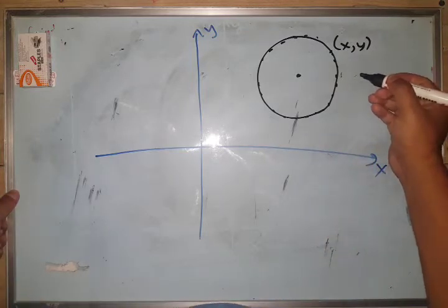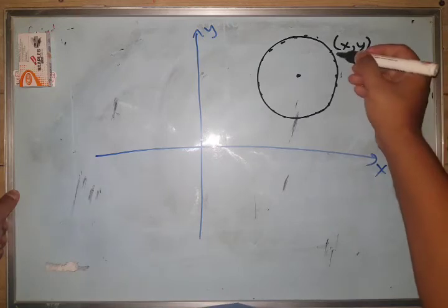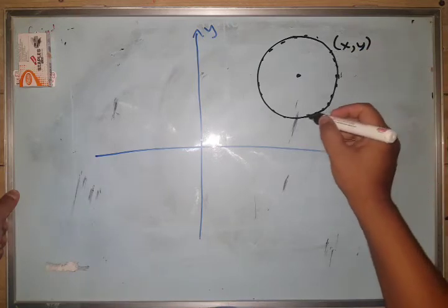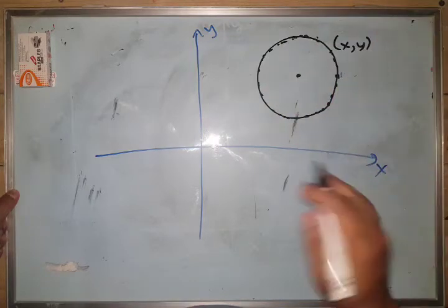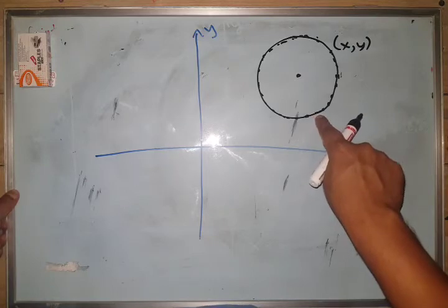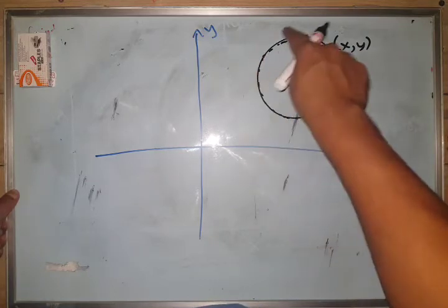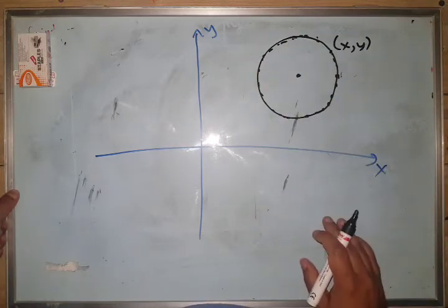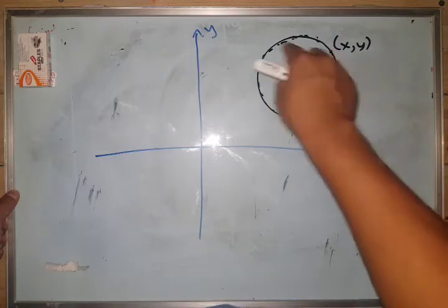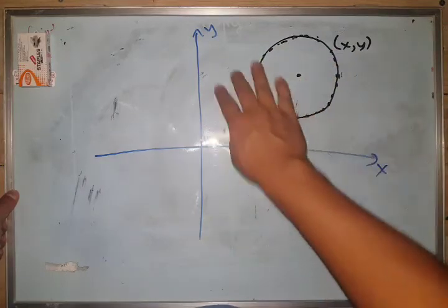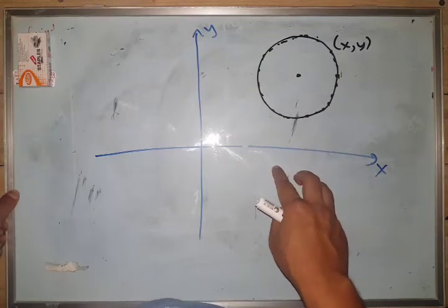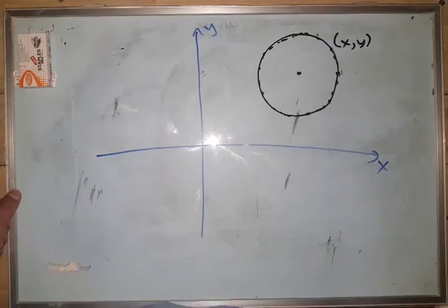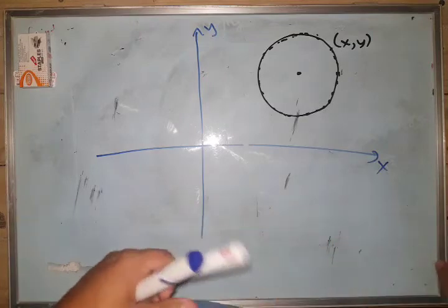The characteristic equation of a circle should be able to represent all the coordinates which fall upon this circle, and not any other coordinates. Other coordinates shall not be included in that characteristic equation. So this is the basic idea.